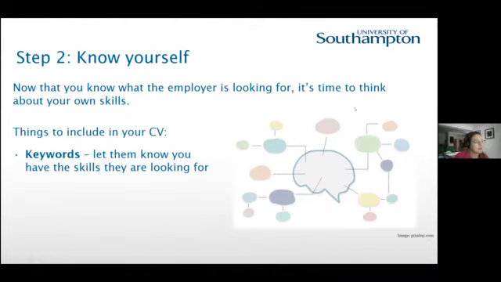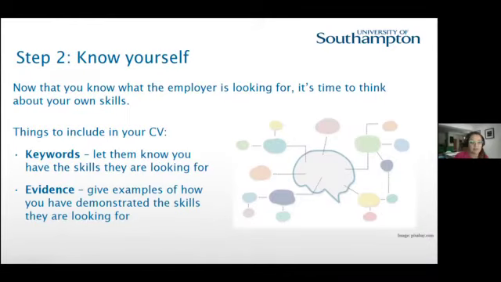Okay, step 2, know yourself. To sell the product that is your employability, you must know that product through and through. A good exercise to fully understand your skills is to create a mind map to raid your skills bank.